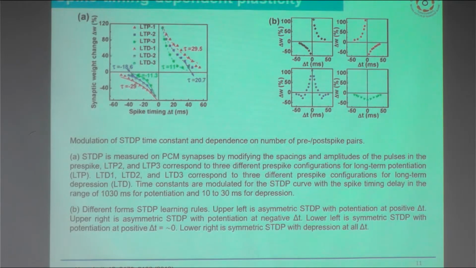So the time constant modulation of this curve with a spike time delay is in the range of around 1000 milliseconds. It means the time which they have tested for this STDP curve is 1000 milliseconds for potentiation, and for depression it is comparatively less time. So it is an experimental result which is published in this particular work. I'm just showing you how this PCM device mimics these behaviors when you provide systematic electric pulses.